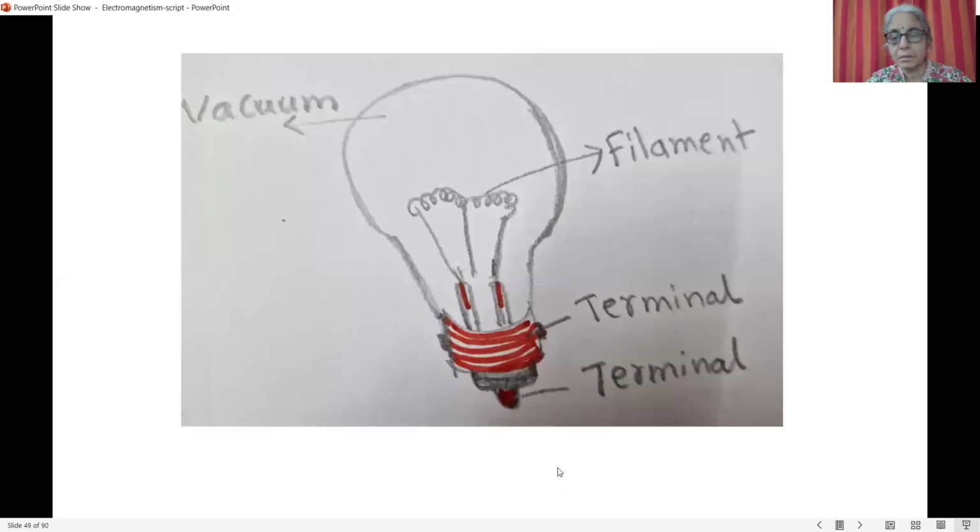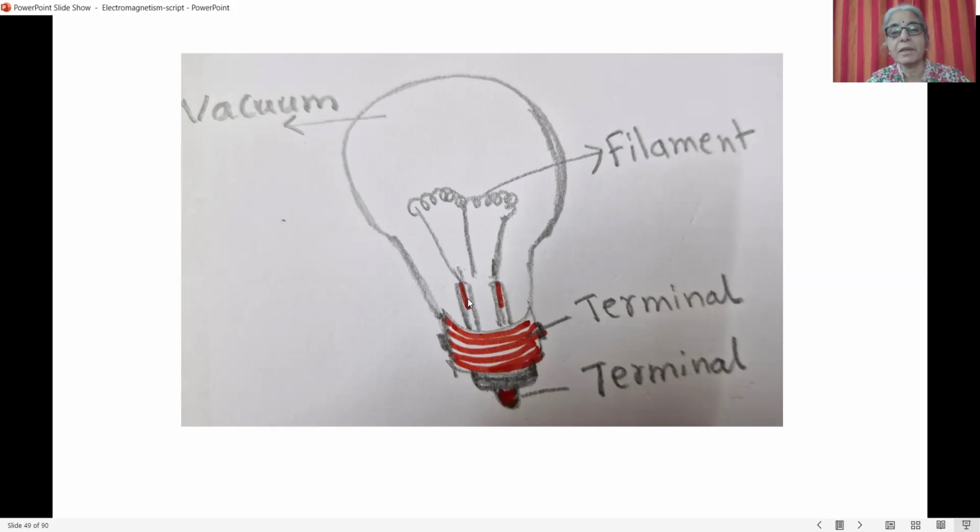So this is how an electric bulb looks. These are the parts. There are two terminals here which are made of metal. They're separated by this black insulating material, so that there is no direct contact between these two terminals. There is a wire attached to one of the terminals all the way up.